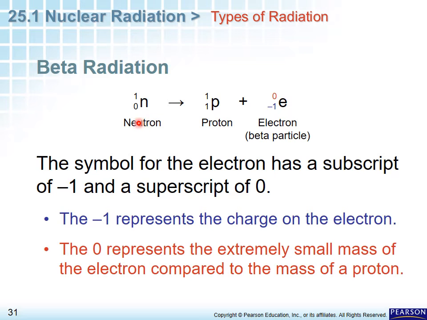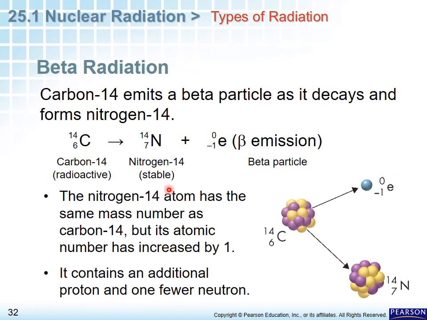As we discussed just now, beta radiation means this beta particle is going to be released. The symbol of the electron has a subscript -1 and a superscript 0 because the mass is negligible, very small. The -1 represents the charge of the electron and 0 represents the extremely small mass of the electron compared to the mass of a proton.